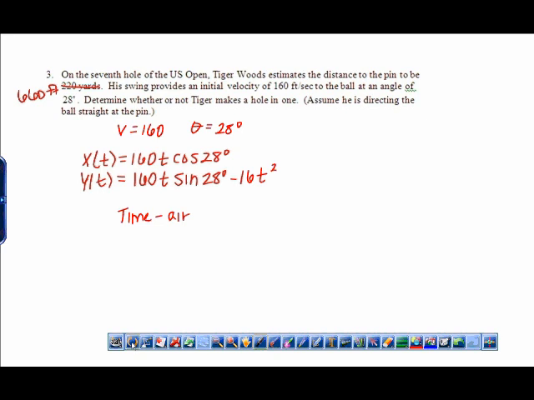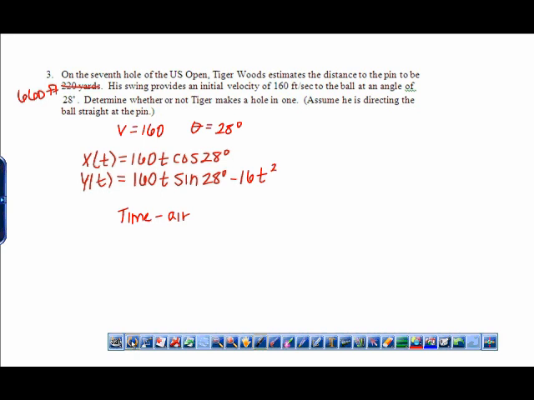Let's go ahead, because I'm going to tell you the answer to this. There are other ways you could figure this out, but due to the nature of the answer, which I already know, this is the most direct way. Because if he overshoots on his first strike, then it's not a hole-in-one.